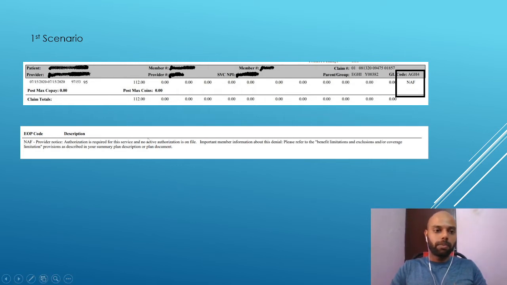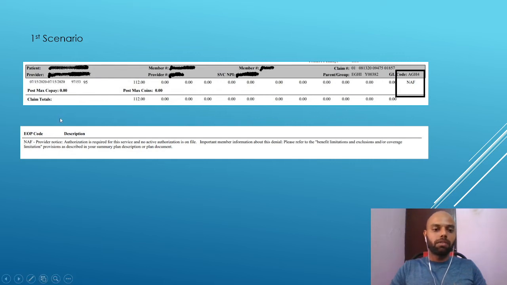Scenario one, the claim got denied, and the denial code we have is the EOB code NAF. NAF means authorization is required for this service, and no active authorization is on file. For ABA services, authorization is mandatory.